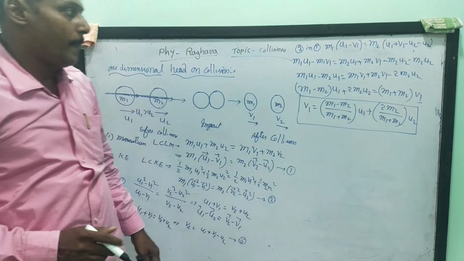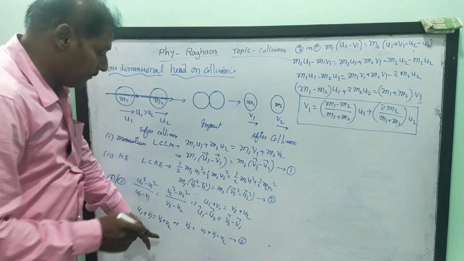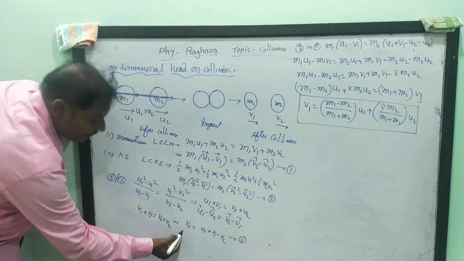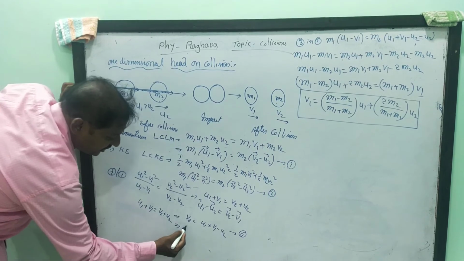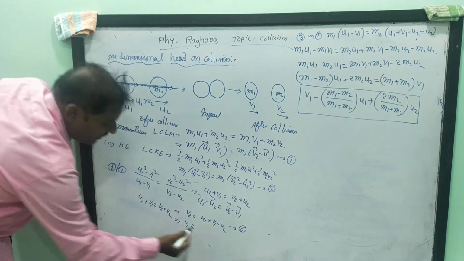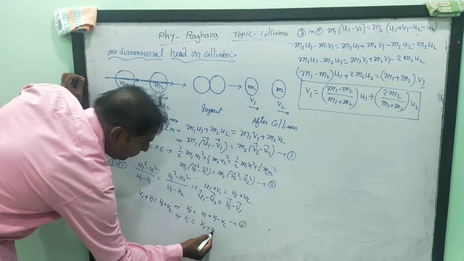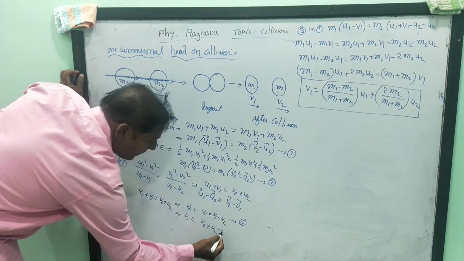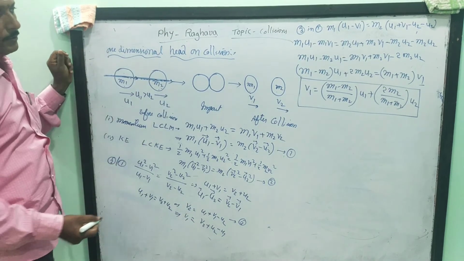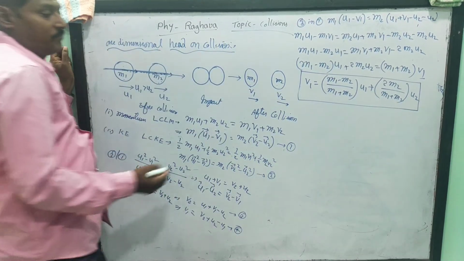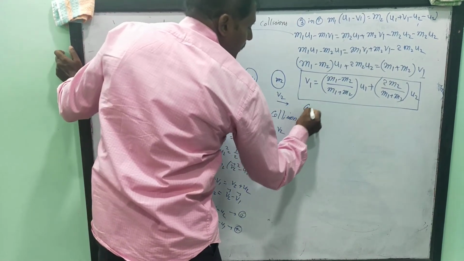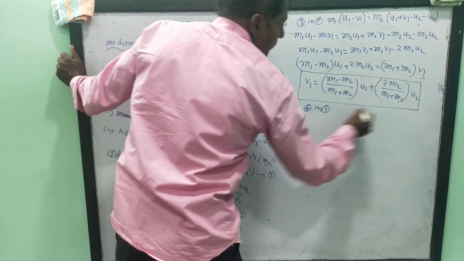In a similar pattern, from this equation we can write v1 is equal to v2 plus u2 minus u1. So equation 4 is substituted in equation 1.